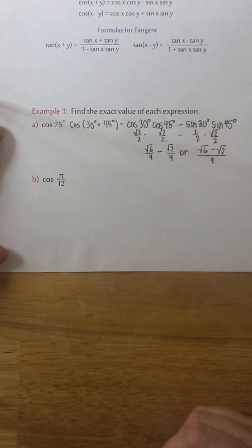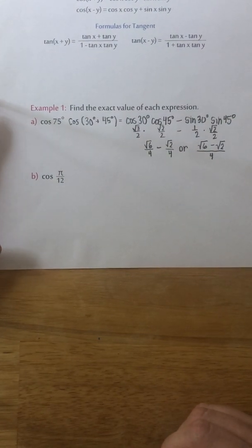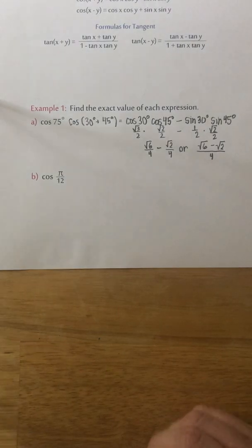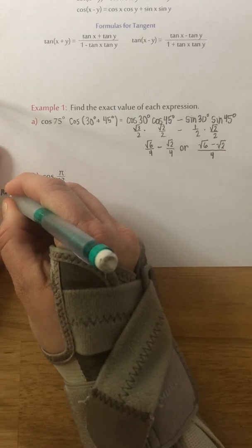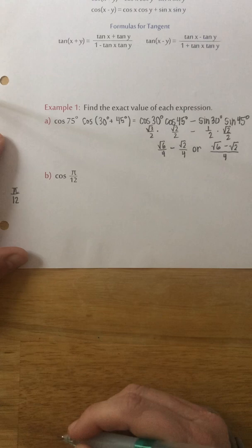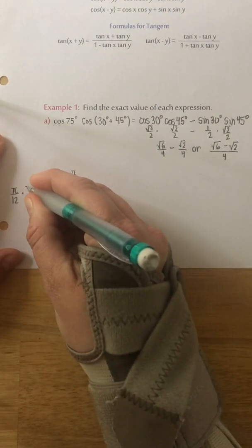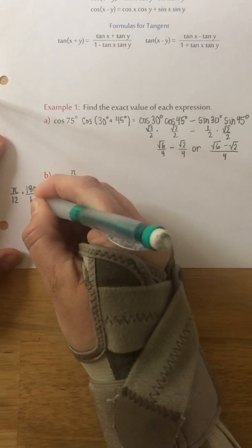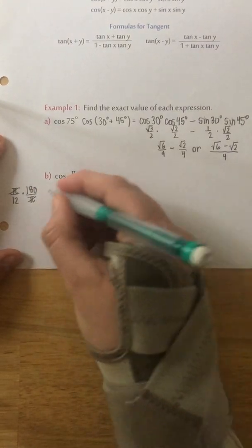All right, so next we have cosine of pi over 12. Well, I remember that you guys typically are a little bit better with degrees than you are with radians. So let's go back to chapter 6 for a moment, shall we? We have pi over 12. We have radians. If we want to change radians to degrees, we're going to multiply by 180 over pi. So the pi's are going to cancel each other out.